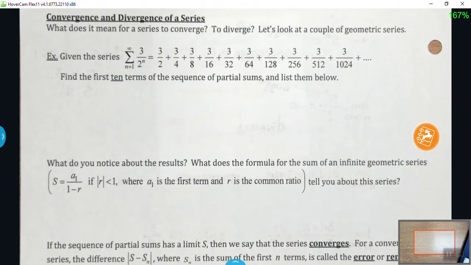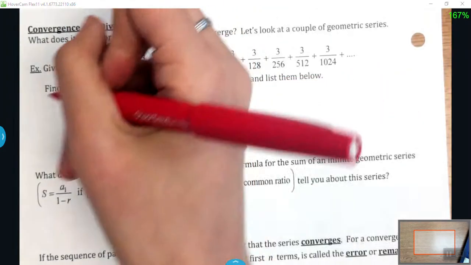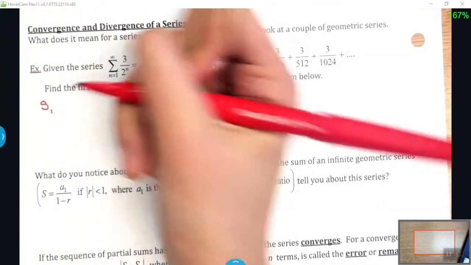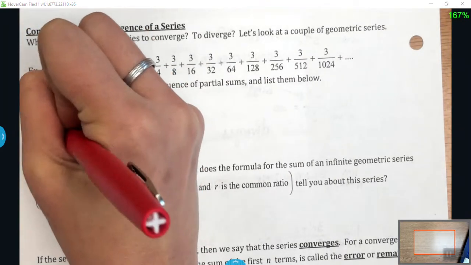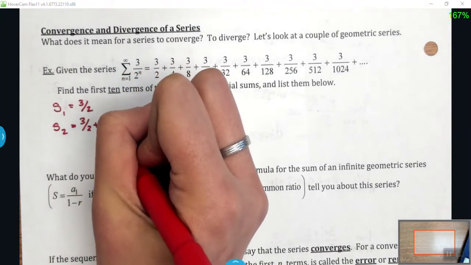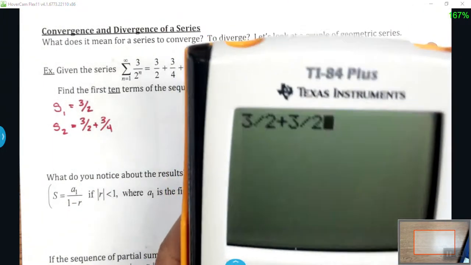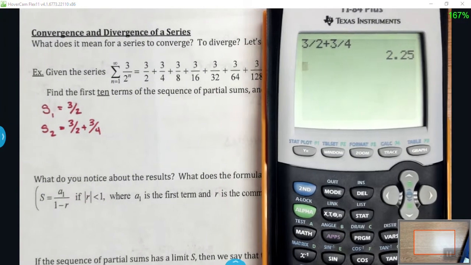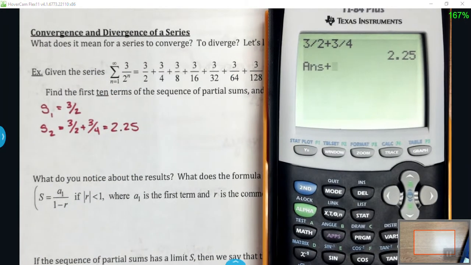So if we do one that converges, we're going to make a sequence of partial sums just to see if it will approach a number. The sequence of partial sums of one term is just 3 halves. Up to 2 terms is 3 halves plus 3/4, which is 2.25.